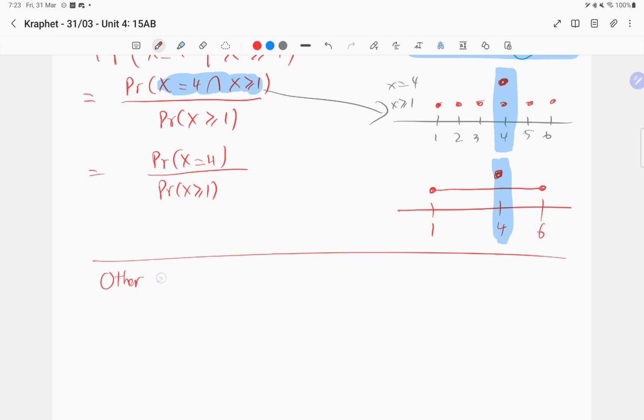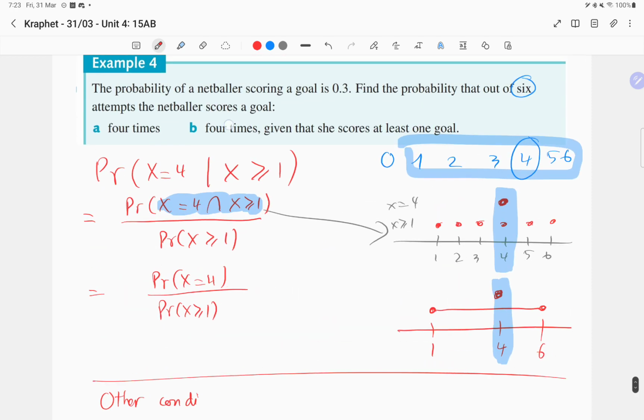Other examples. Wait, so what's that sign? The inverted U, intersection. Intersection. Yeah. So maybe I'll put a note here. This one means intersection, which also means "and".